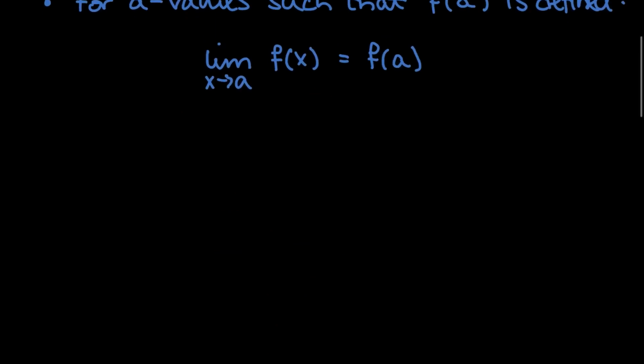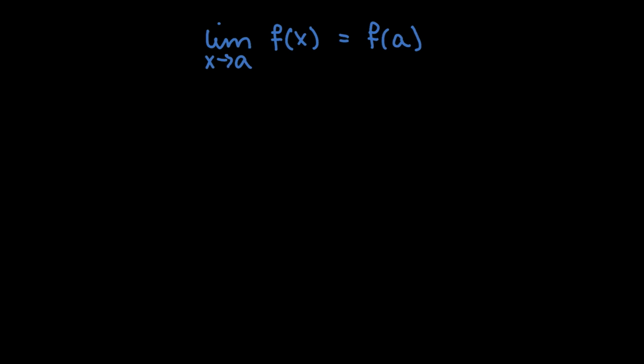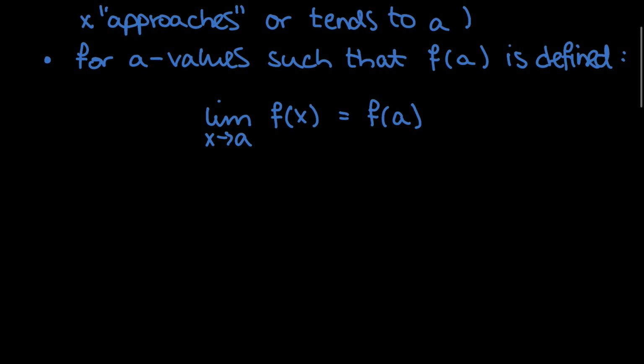So one way of evaluating a limit is simply replacing x by that a value and evaluating the function of a. Again, this only works if f of x is defined at x equals a. This method is called direct substitution because we're just substituting x by a.